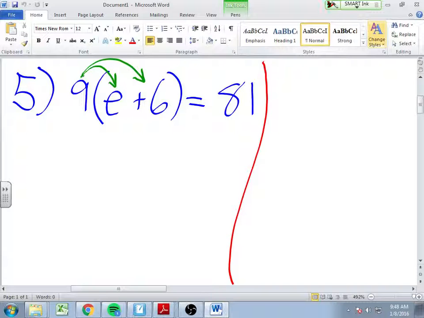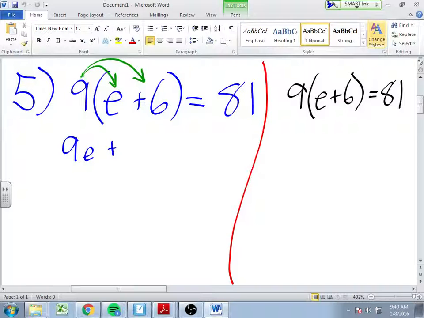So instead, I'm going to show a second option. If I had 9 times e plus 6 equal to 81, you can write down both of these if you want. I'm going to show you the option that we've been doing, then the alternate option. We only have about a minute left, so I'm just going to run right through it. First thing we would do here is distribute. That would give me 9e plus 9 times 6, 54, equals 81.